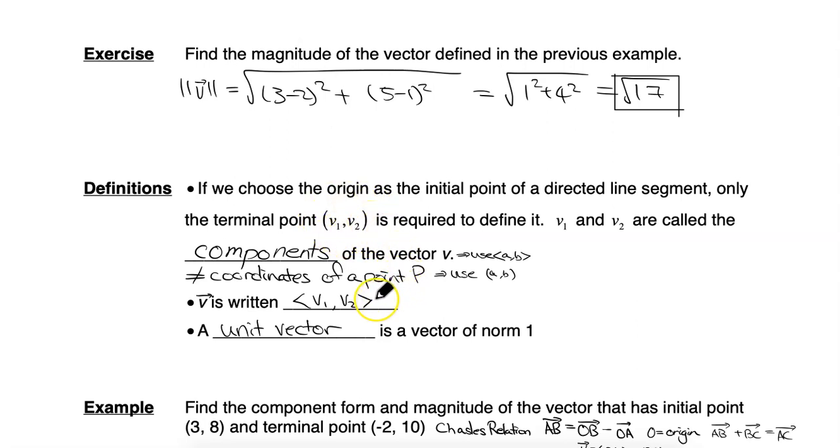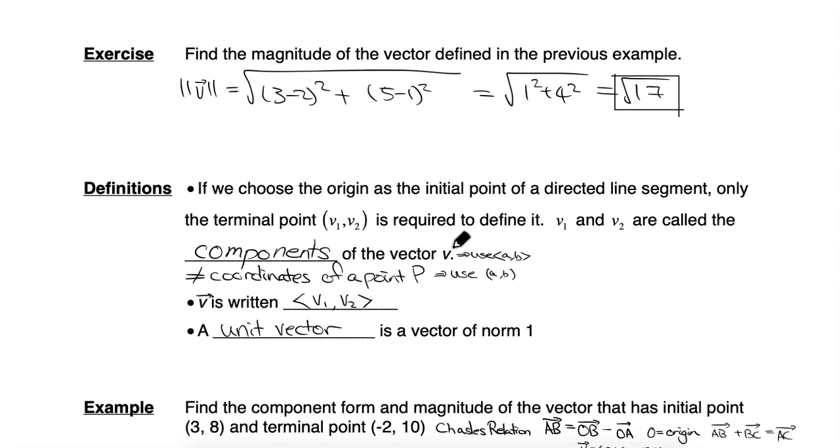If you put these kind of triangular parentheses, that is what we will use in multivariable to represent the components of vectors. And since I mentioned that, notice also that we call v1 and v2 the components of the vectors, but if we want to be really clear, when we talk about points, we say the coordinates of a point.